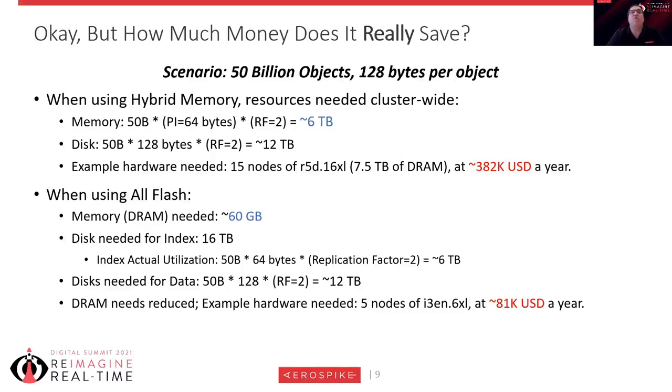Disk-wise, we'd still need the 12 terabytes of data, because 50 billion times 128 bytes times a replication factor of 2 is the same as before. In this case, the DRAM needs were reduced, and in this example we only needed 5 nodes of i3en 6 extra large, which will only cost us $80K per year, which is significant.